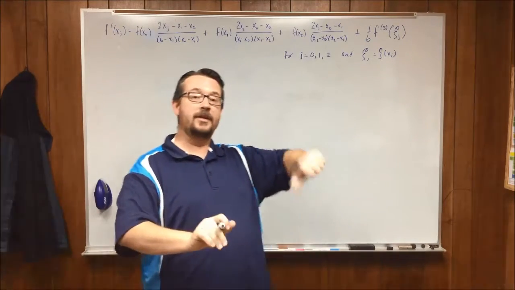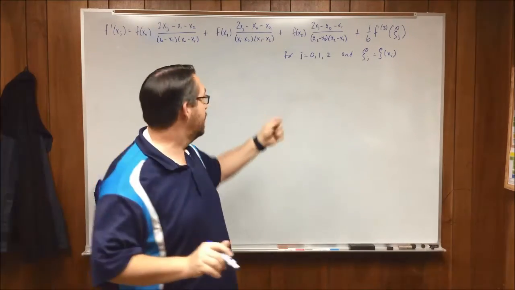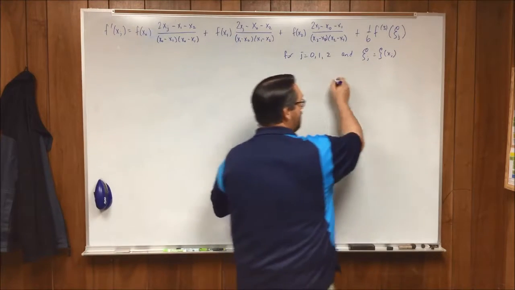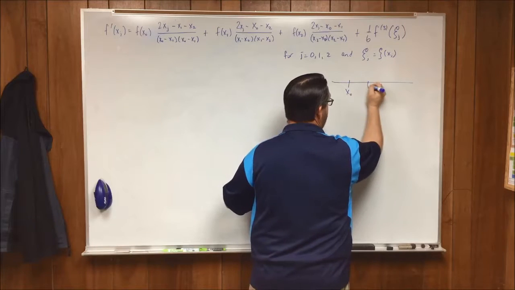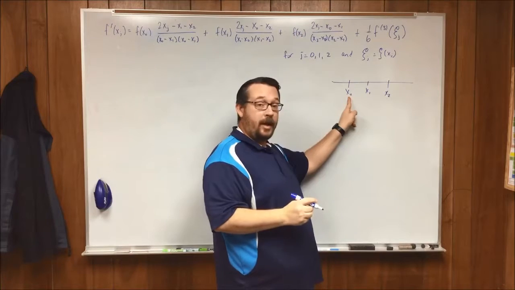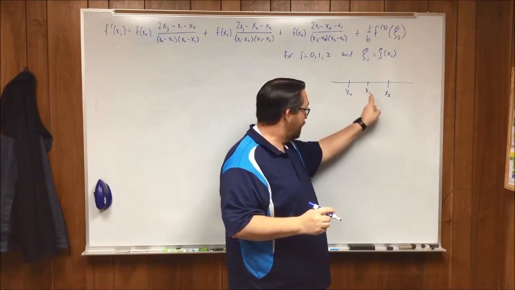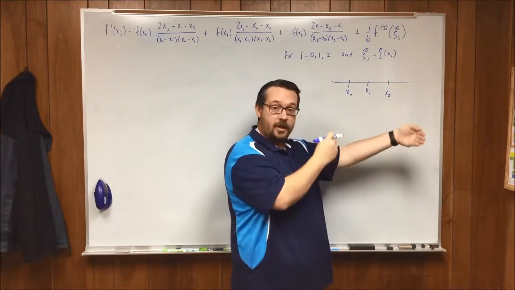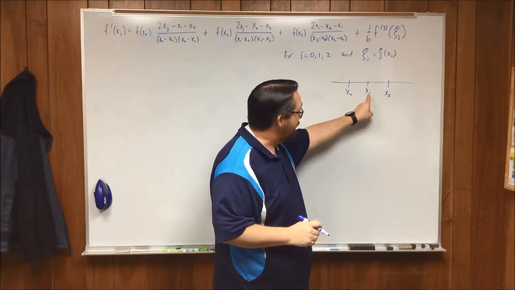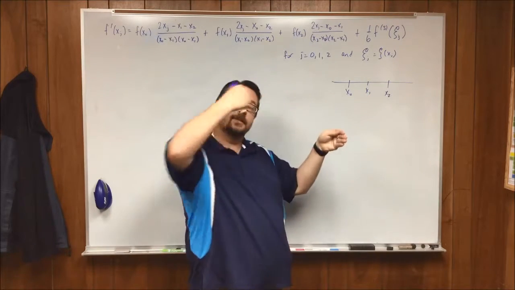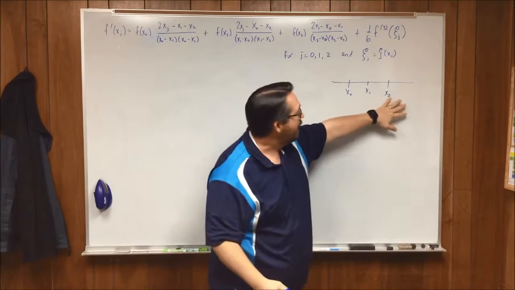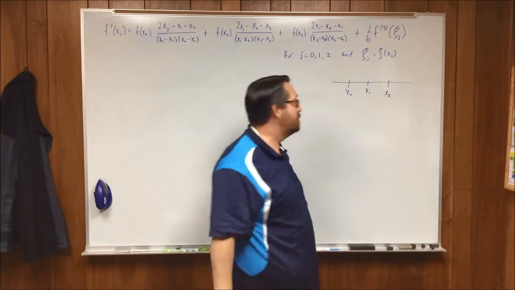Okay, so again, we've got 3 points, x0, x1, and x2, and what I want to look at is what this formula turns into when you plug in x0 specifically, or x1, or x2. On the x-axis, we're either plugging in a point and using that point, the next point, and the point after it, so a forward-looking formula to approximate the derivative, or we plug in x1 and use that point plus information behind it and ahead of it, so this is like a central formula, and this one is a backwards difference formula.